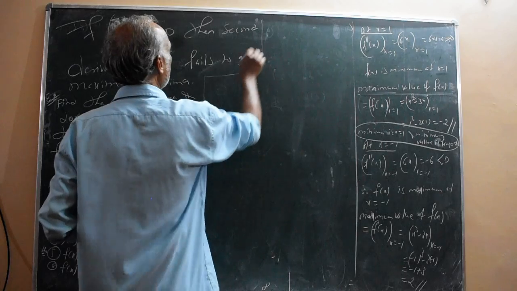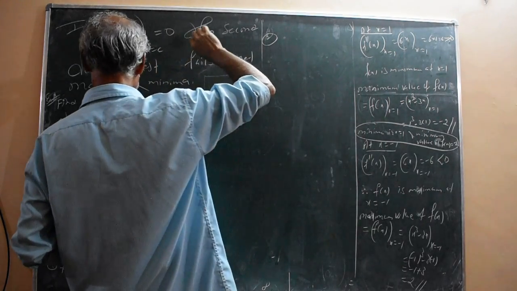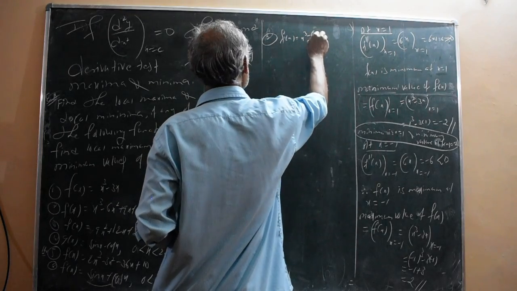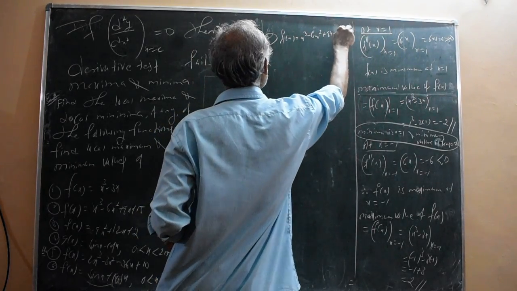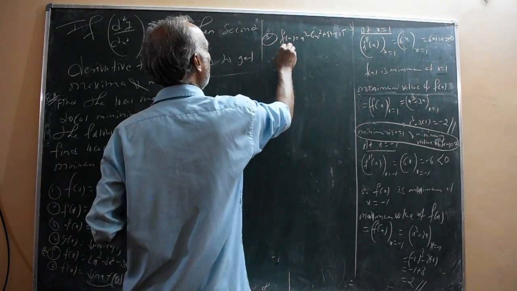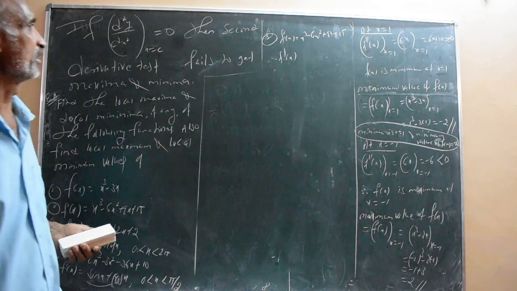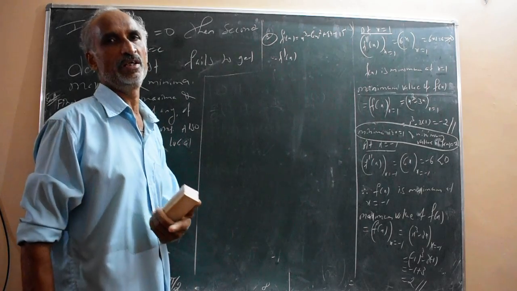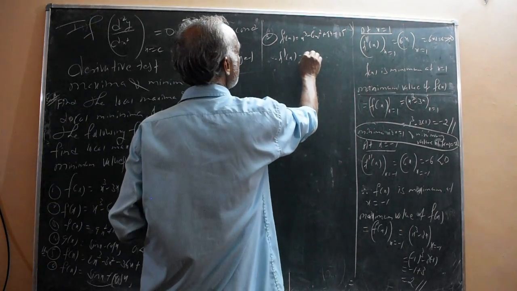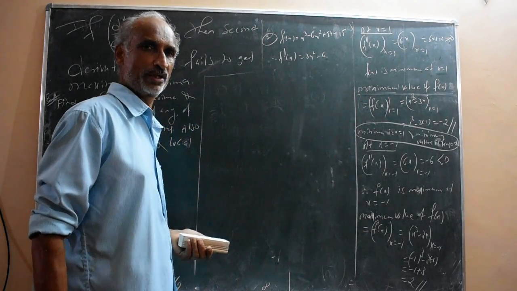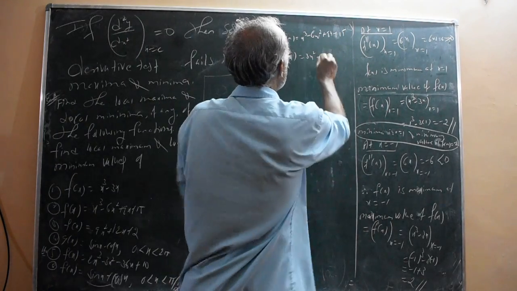Okay, second one, f of x is equal to x cube minus 6x square plus 9x plus 15. Therefore, f dash of x, differentiating with respect to x, all terms are necessary. x cube differentiation, 3x square, minus 6 outside, x square differentiation is 2x, 6 into 2x, 12x.